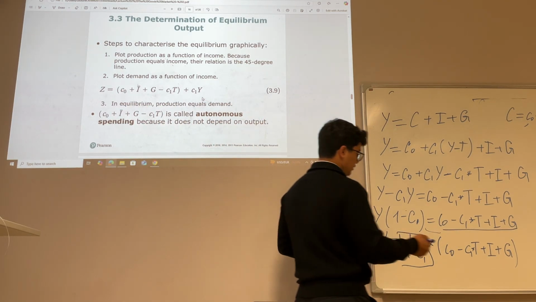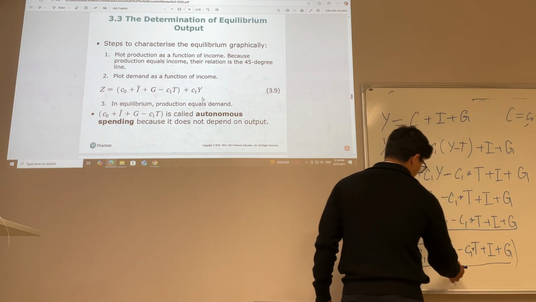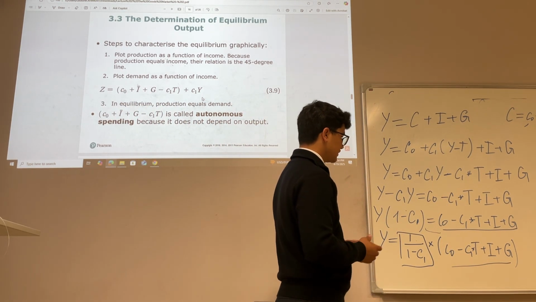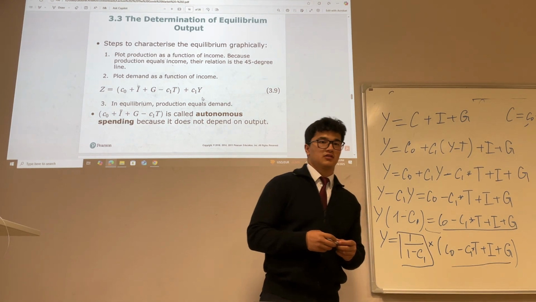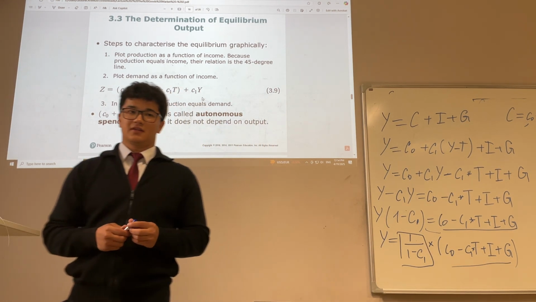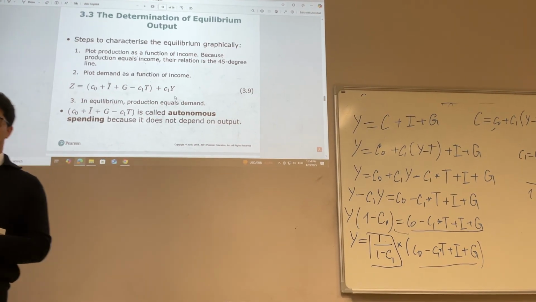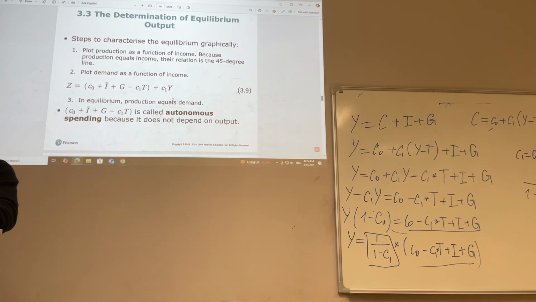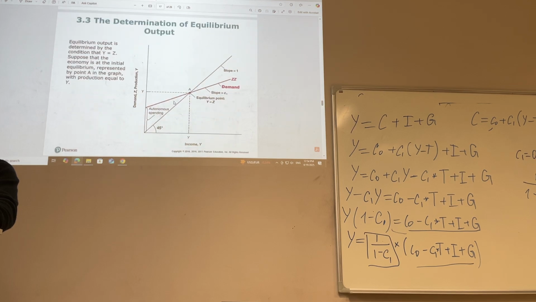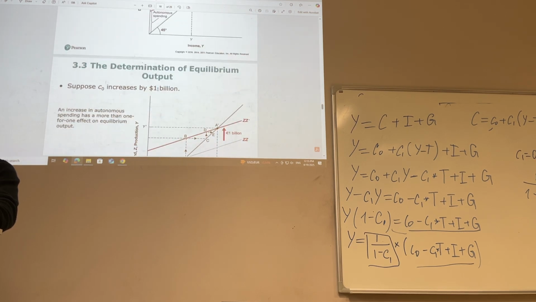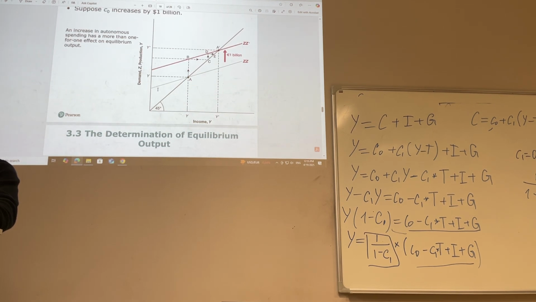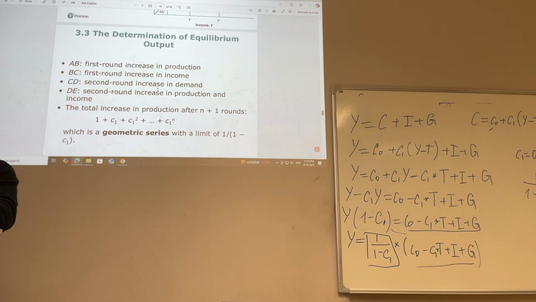That's what we call autonomous spending. Like I told you, we need to eat in order to survive. Even if you don't earn, this is what we call autonomous spending.